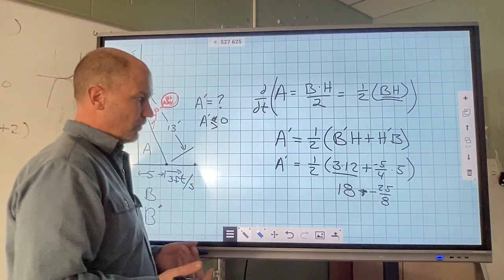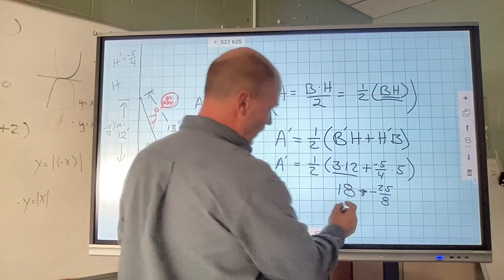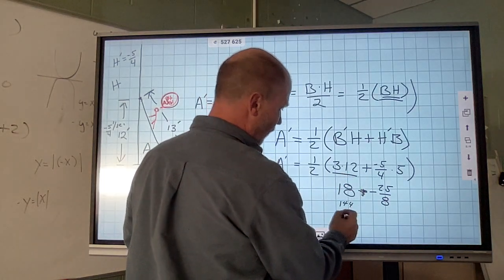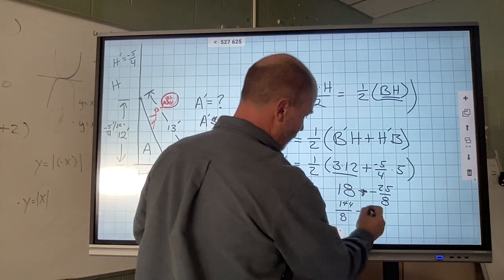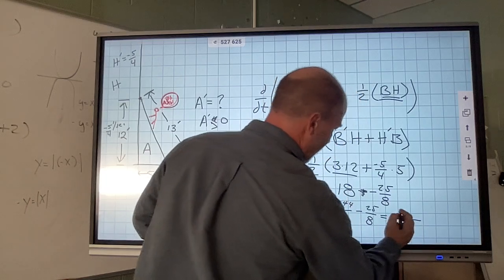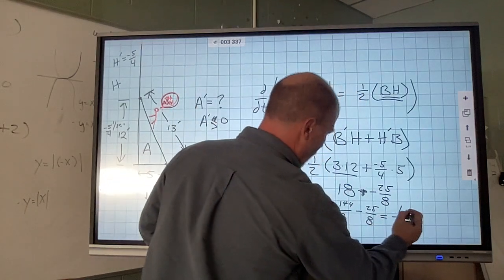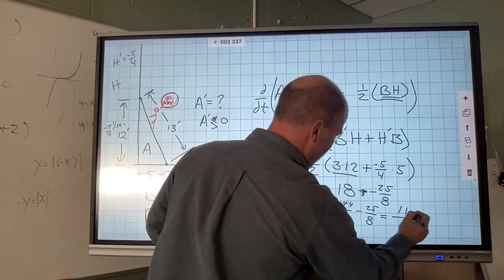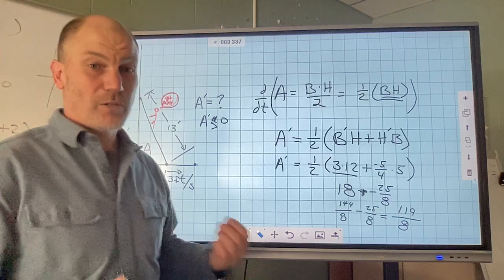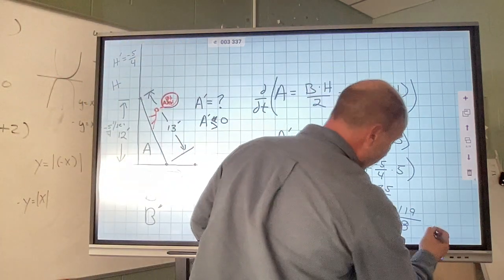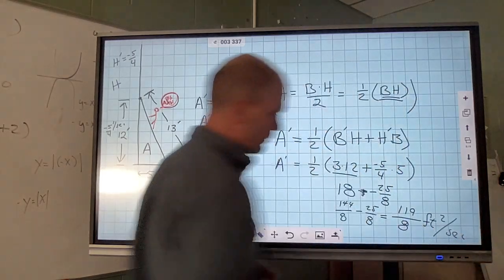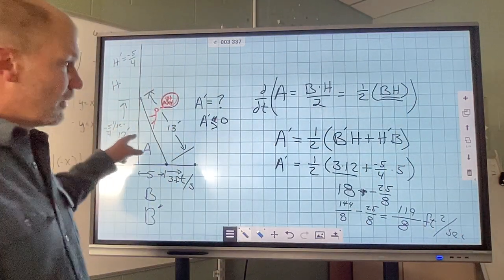This is getting a little bit more than I wanted to do, but I believe this becomes 144/8 minus 25/8, which gives me 119/8. But the real question is, what are the units? And the units are feet squared per second. So that is how fast the area is changing.